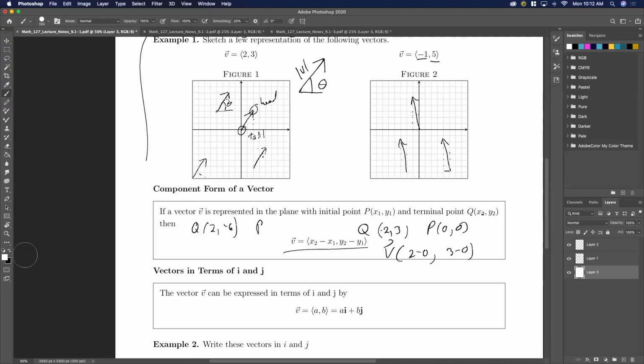And I'm not on the right layer. All right, let's just. My initial point here is 4 minus 3. And then no, I can't seem to write today. All right, let's try this again.